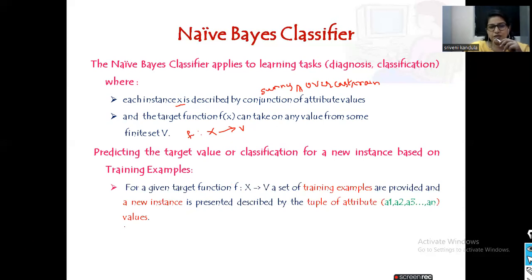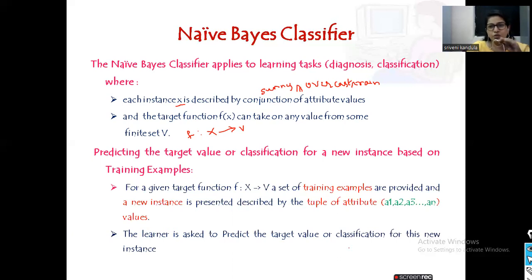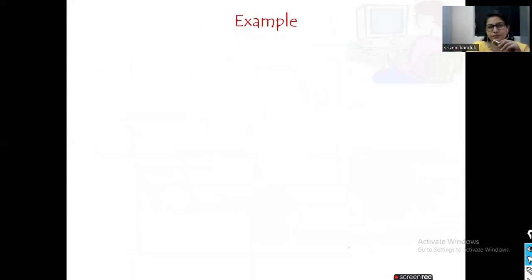Whenever a new instance is given, this new instance is described once again by a tuple of attributes. Then the learner is asked to predict the target value, or classification, for this new instance. Already the training data is given, and the algorithm has to classify the new instance.